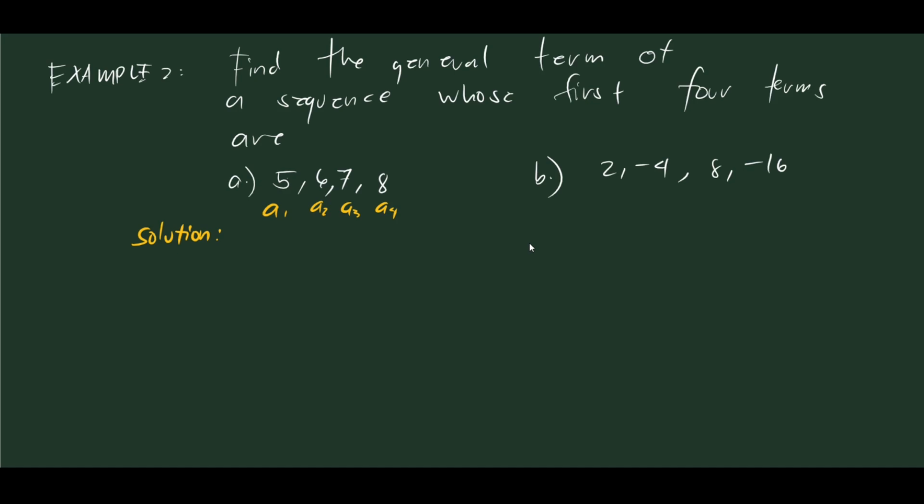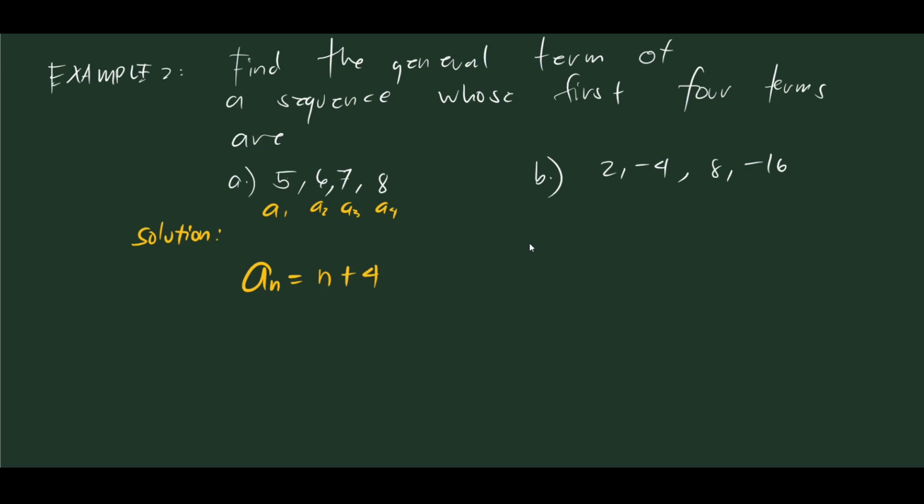So for our first term, we have 1. Let's just add 4 to it. If we add 4, we get the first term, which is 5. And for 2, if we add 4, we get 6. Therefore, we can conclude that our an is equal to n plus 4.